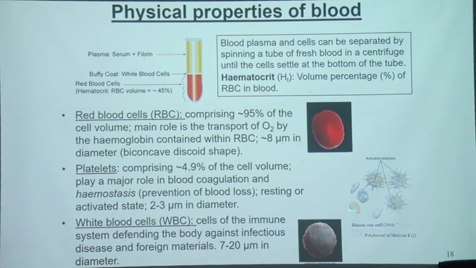If they're resting, it looks like this, and if they're activated, they look like they have hands like this. The typical diameter is about 2 to 3 microns. We also have some white blood cells. In the context of this lecture, we'll consider the size of the red blood cells, and we're also going to touch on the platelets. We're not going to model white blood cells.